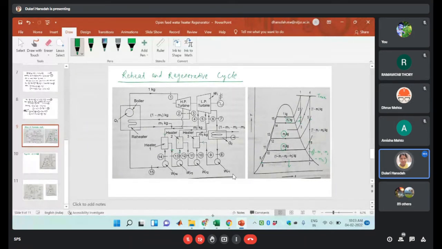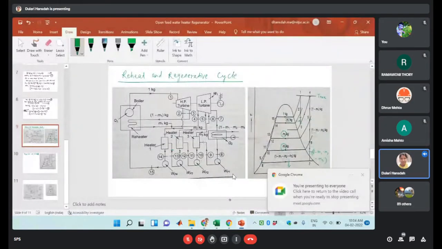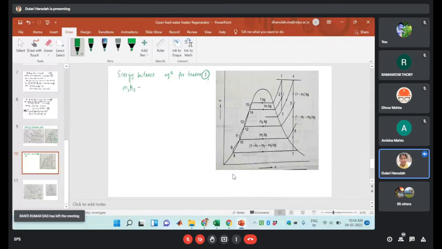Very good. So in this case, the amount will be M1 H2 plus 1 minus M1 multiplied with H13. So this is the input to the heater.